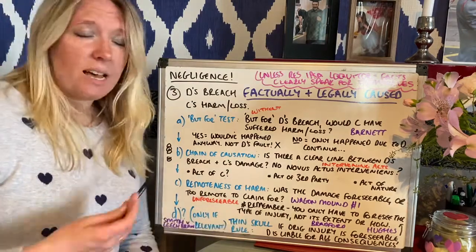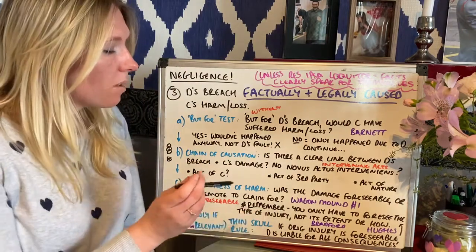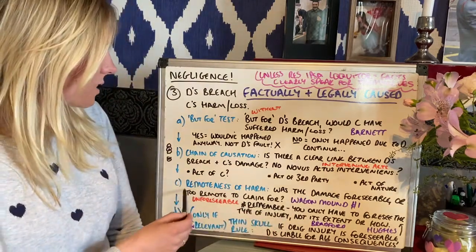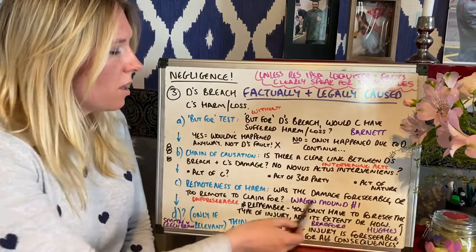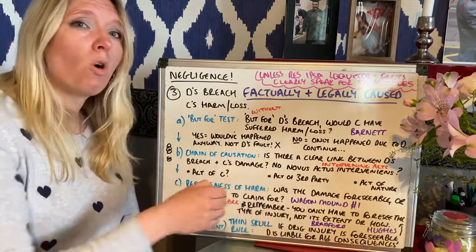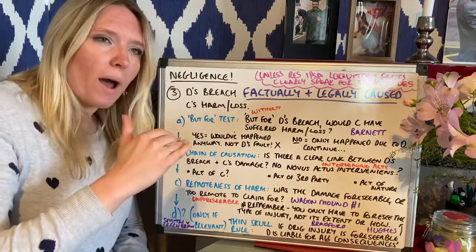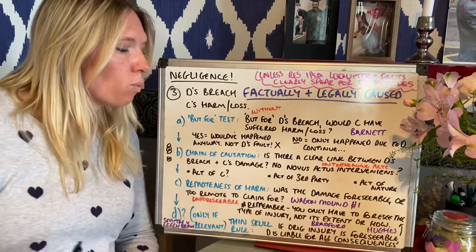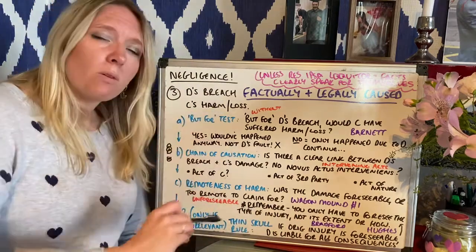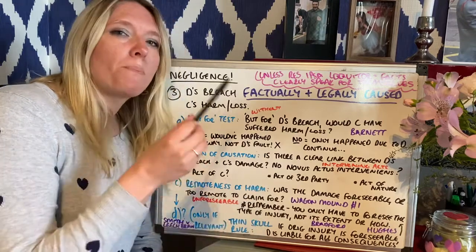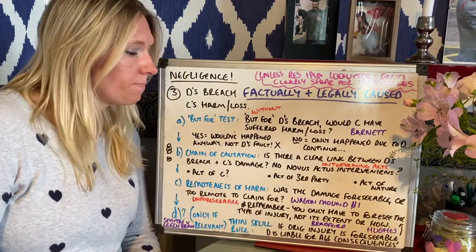The thin skull rule says that if the original injury was foreseeable, so this links back to part C, remember it has to be foreseeable to claim for. If it's too remote, in other words, remote means far away, if it's too far away from thought, you can't. But if the original injury was foreseeable, the defendant will also be liable for any consequences if it happens to be worse because of who the claimant is.